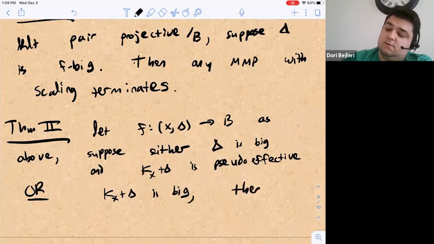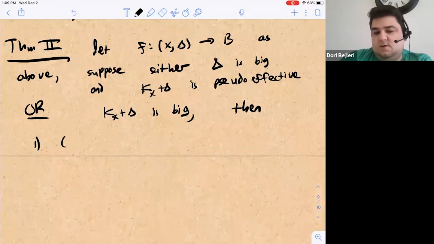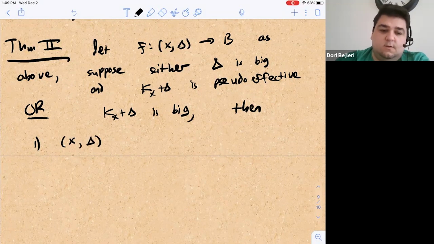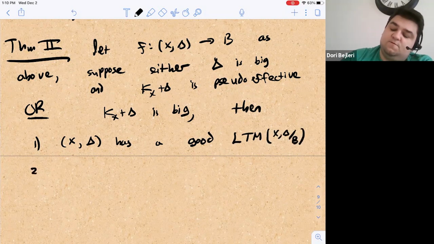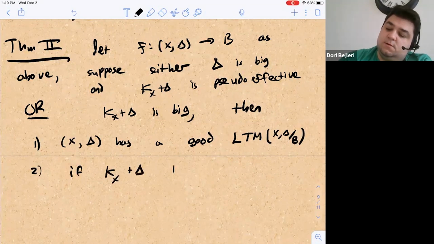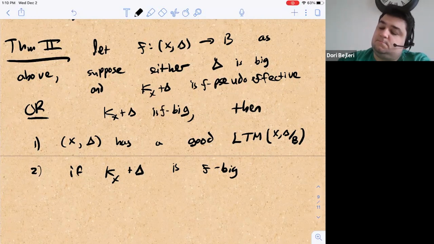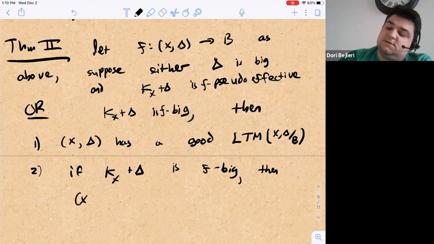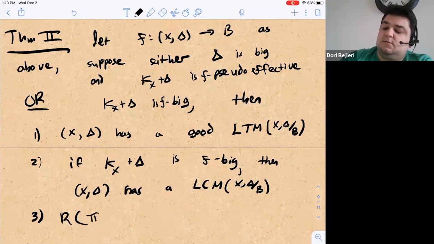Then we get a bunch of corollaries of theorem 1. 1, (X, delta) has a log terminal model or a log minimal model, and in fact it's good. 2, if Kx plus delta is big, so here I should have put f everywhere because this is all relative, then (X, delta) has a log canonical model. 3, the ring of sections is finitely generated.